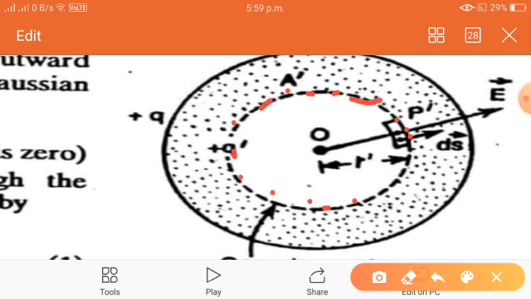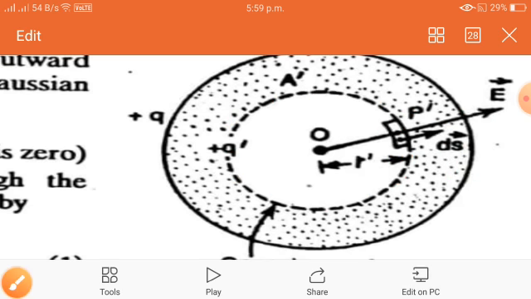Gaussian surface is the surface at which electric field intensity is always normal to the surface and it is uniform. So electric field direction is like this, and draw normal to this surface at a point P, which is ds bar. Both are parallel, so angle between these two is again 0.